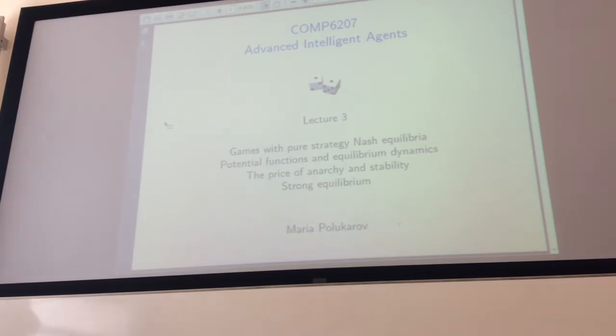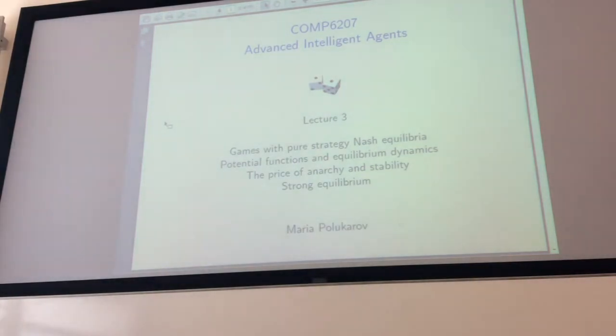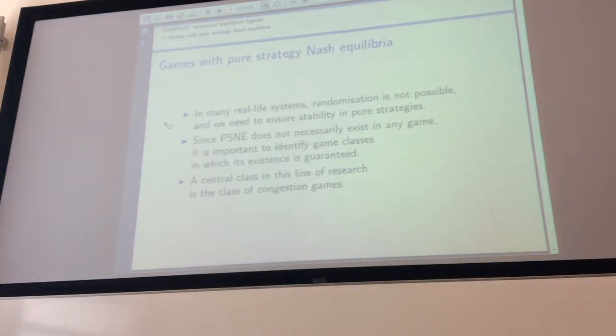Today we will talk about another class that has many applications in multi-agent systems. And those games also possess pure strategy Nash equilibria. So why are pure strategy Nash equilibria important to have?